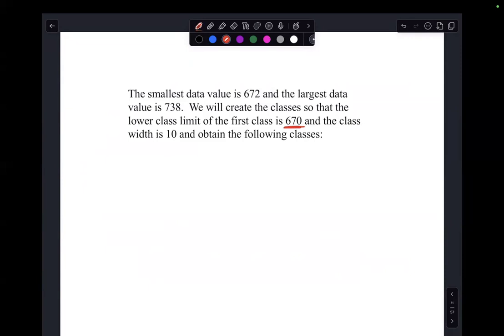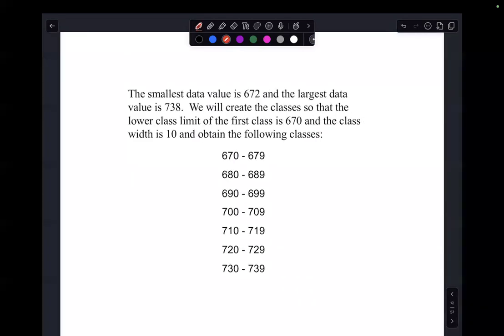And then I usually try to pick a nice number for my class width, something that's going to make it visually appealing. I'm going to show you things that make it not visually appealing as we go. So I'm going to make my class width 10. This is a really nice, pretty round number. I'm going to start with 670 and I'm just going to go until I've encompassed all the numbers.